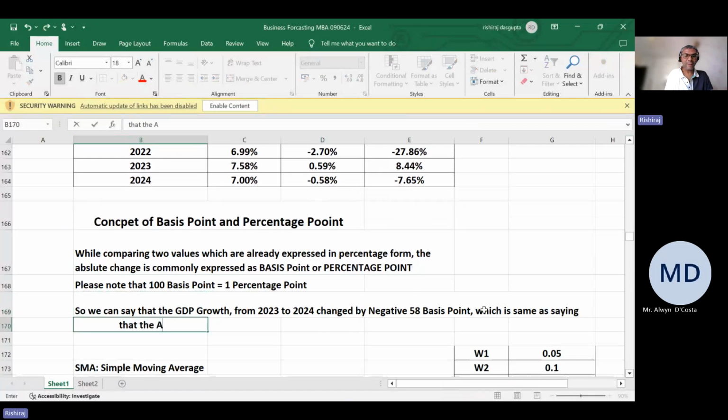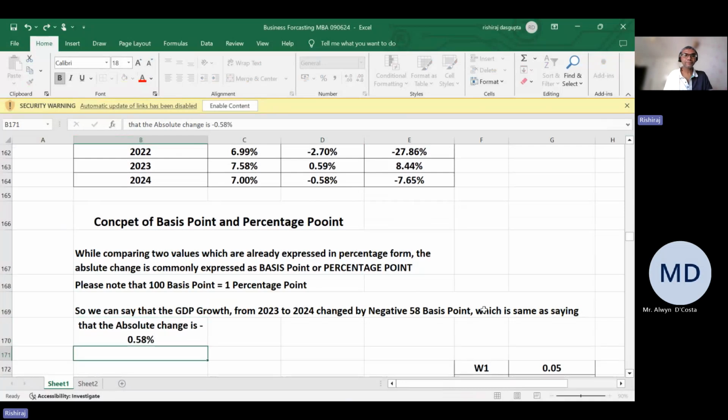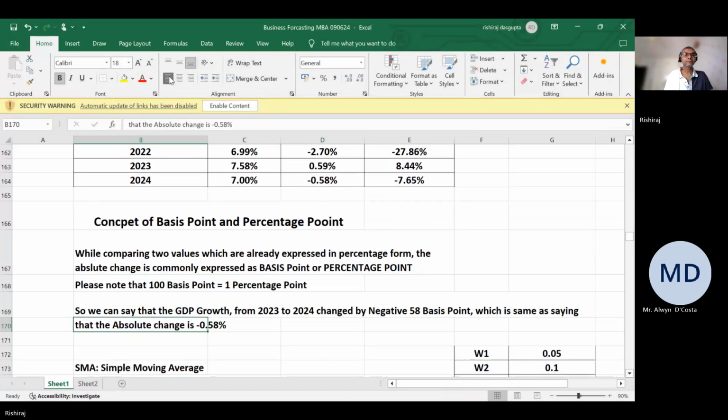So you can say GDP growth from 2023 to 24 changed by negative 58 basis points, which is the same as saying the absolute change is minus 0.58%.